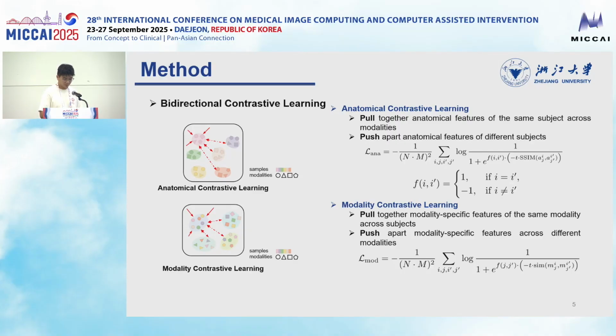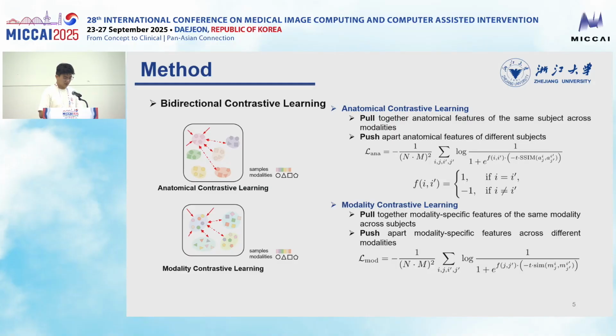For anatomical contrastive learning, the goal is to pull together the anatomical features of the same subjects across different modalities, while pushing apart anatomical features of different subjects. For modality contrastive learning, the objective is to pull together modality-specific features of the same modality across subjects while pushing apart modality-specific features across different modalities.